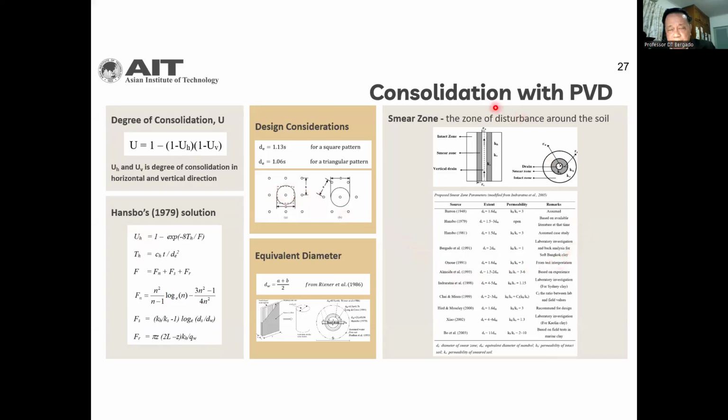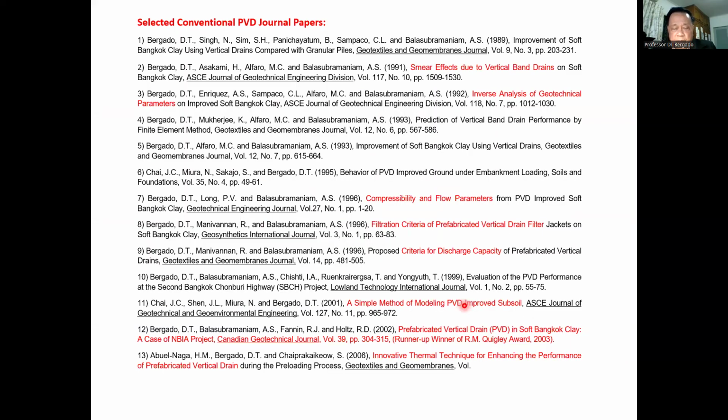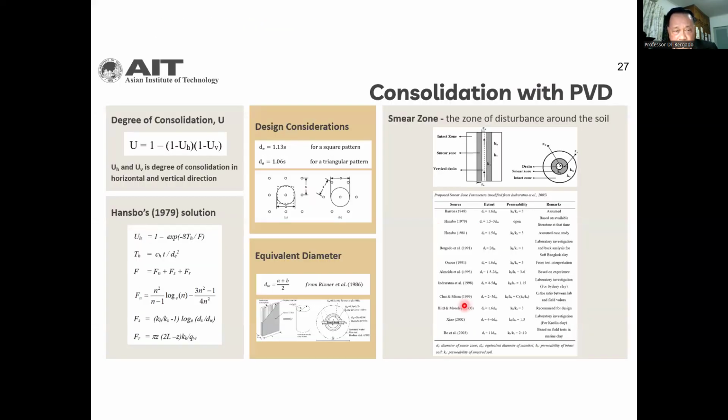And this is the smear zone. This will come together for the solution according to Hansbo. This is the equation of the Hansbo solution to the differential equation, horizontal flow.